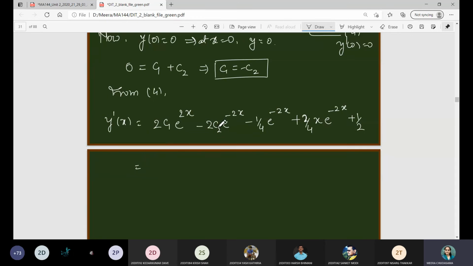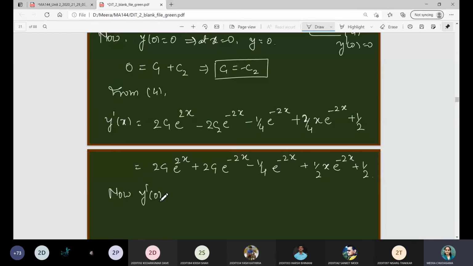So you can see that now I can substitute c2 as minus c1, or c1 as minus c2. So 2c1 e raised to 2x, c2 is minus c1, so this is plus c1 e raised to minus 2x, minus 1 upon 4 e raised to minus 2x plus 1 by 2 x e raised to minus 2x plus 1 by 2. Now y dash of 0 is 0 means what?